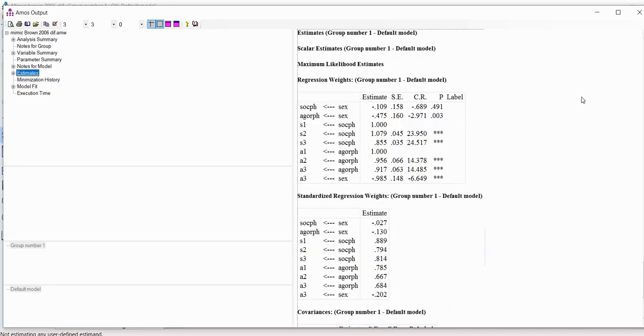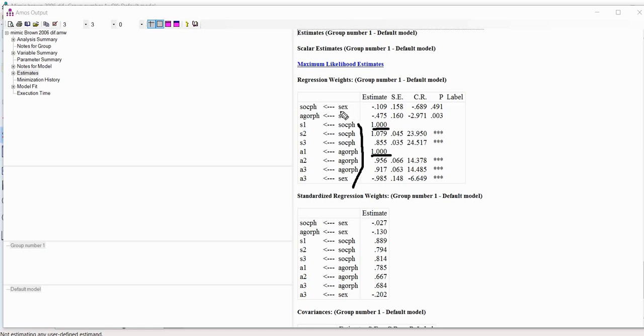When we look at the estimates right here, now we can look at the significance tests related to our question. The ones right here reflect those fixed factor loadings. The remaining factor loadings within the measurement portion of the model are all statistically significant.